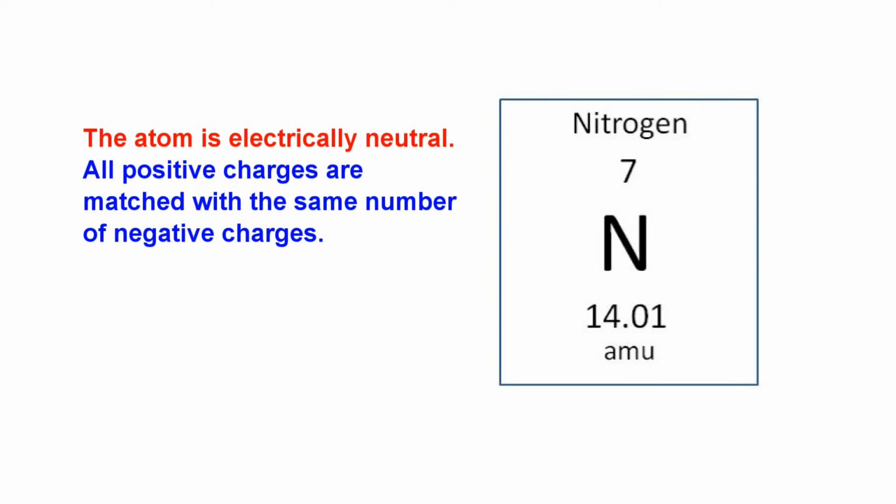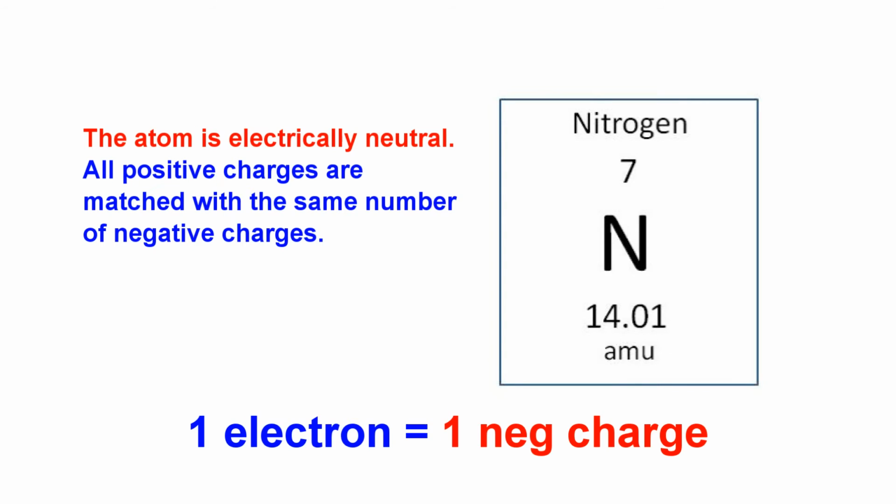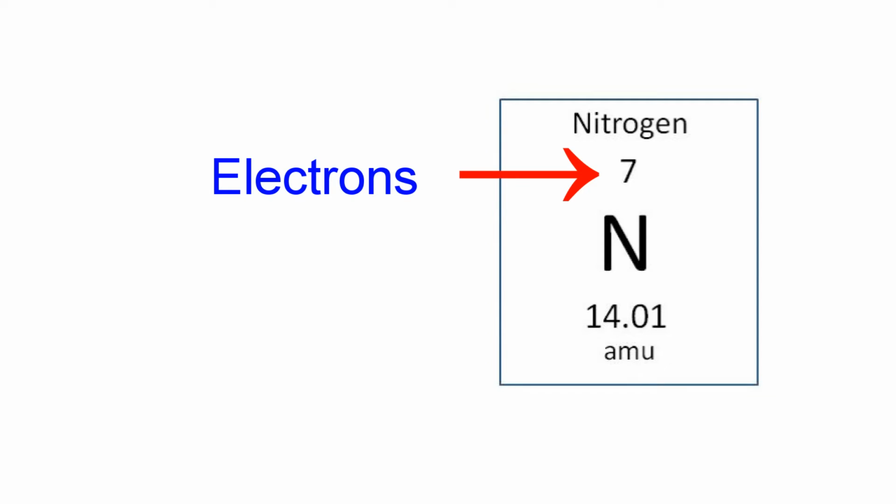So an electrically neutral nitrogen atom must have 7 negative electrical charges that will match and balance out the 7 positive electrical charges. Each electron has one negative electrical charge. Therefore, the nitrogen atom must have 7 electrons to balance all of its electrical charges. So we now know that the electrically neutral nitrogen atom has 7 protons that give it 7 positive electrical charges.